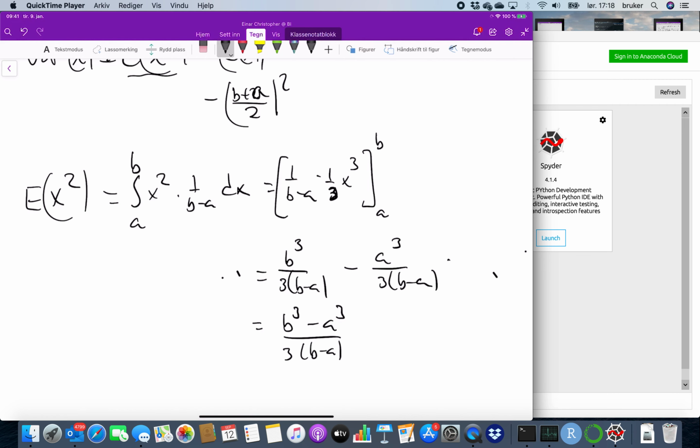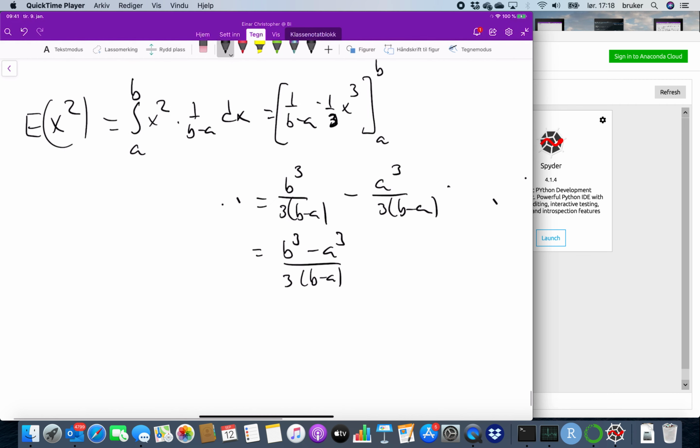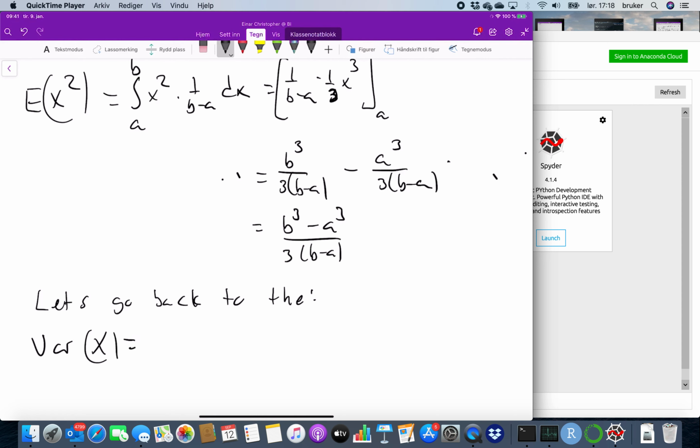And then let's go back to the variance of x, which was equal the expectation of x in the power of 2 minus the expectation of x in the power of 2, like this.